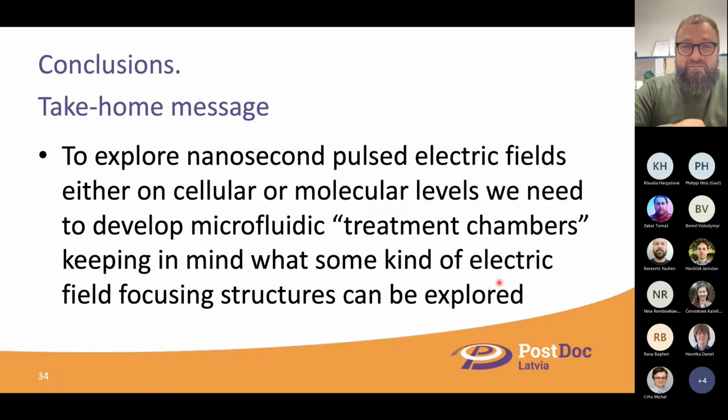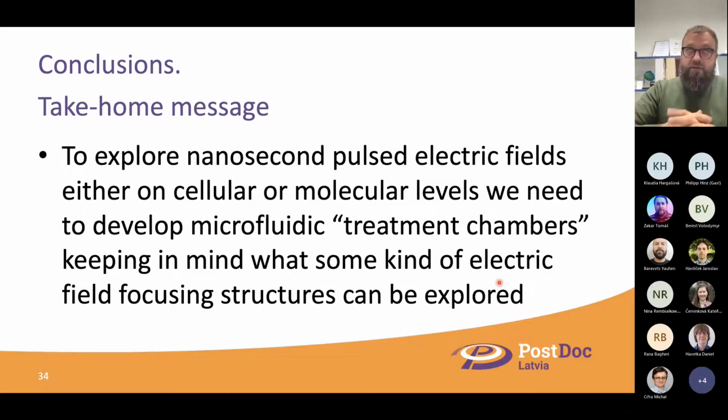I really want to use such structures in a microfluidic chamber in order to enhance the electrical field.